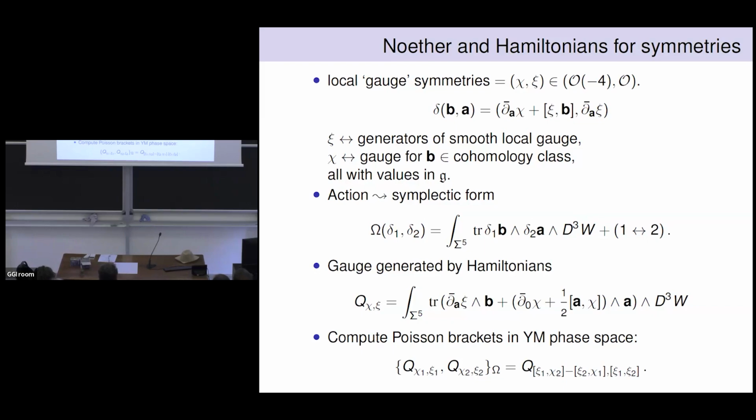And then if you want to do the gauge transformations, they have very simple Hamiltonians here. And these Hamiltonians are nicely exact. So here, this is the Hamiltonian density. We're going to say that it's essentially d bar of these chi and psi.